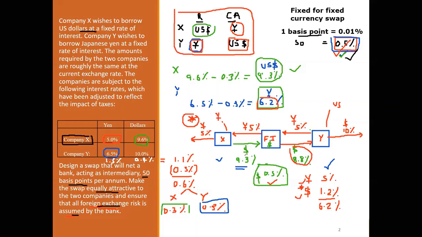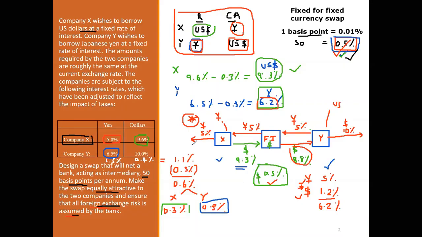At the beginning of the swap, the principal would flow in the opposite direction of these arrows. The yen amount X is borrowing, X will give to the financial intermediary, because when the yen is borrowed the arrow flows to the other side.